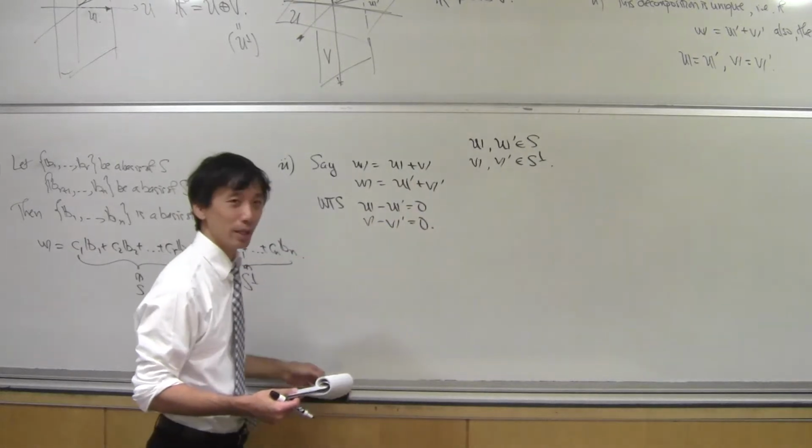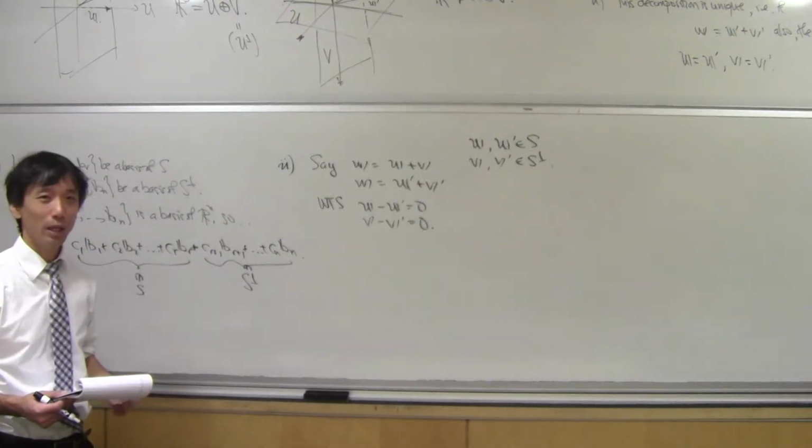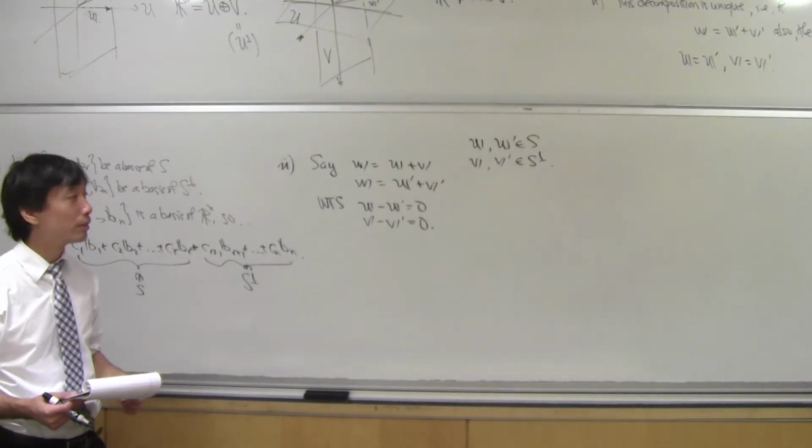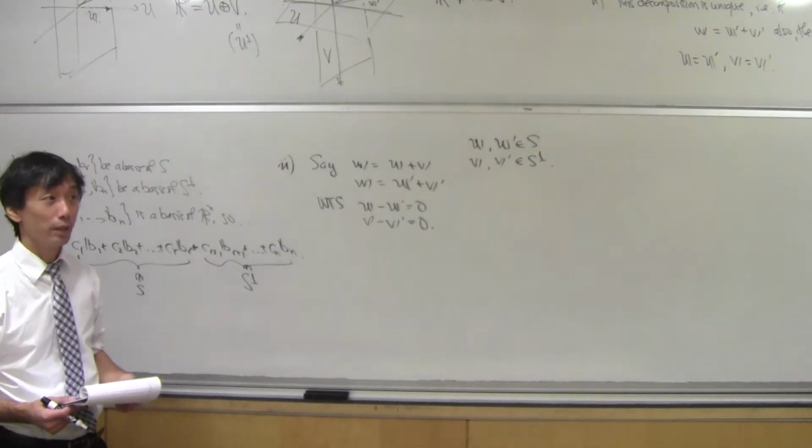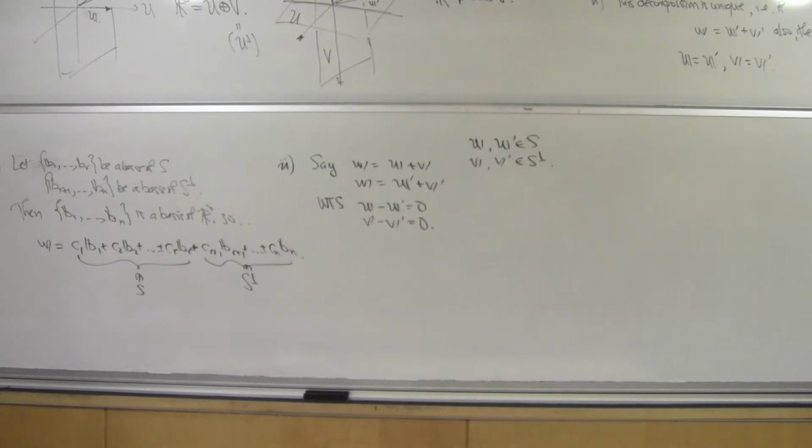So I don't think it's exactly the same. But if B1 to BR is the basis of S, that means for every vector in that, there's a unique expression because of that basis. And couldn't we use that? I don't know. Maybe.